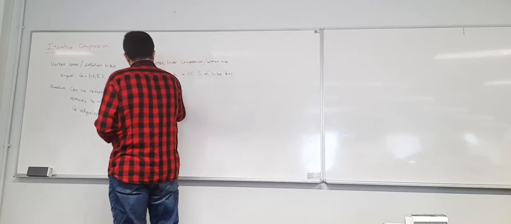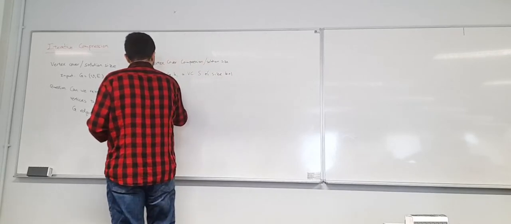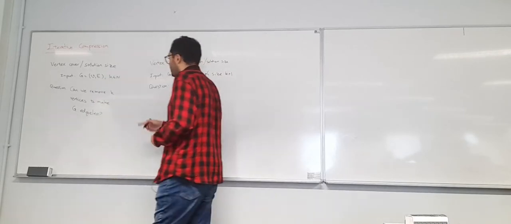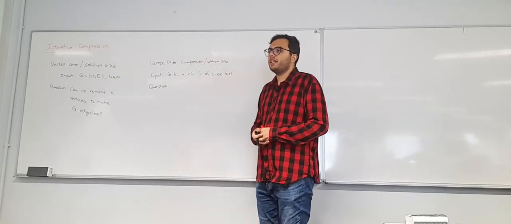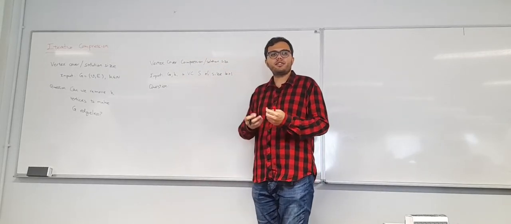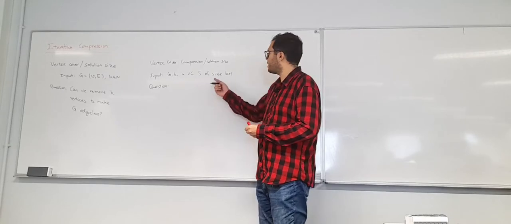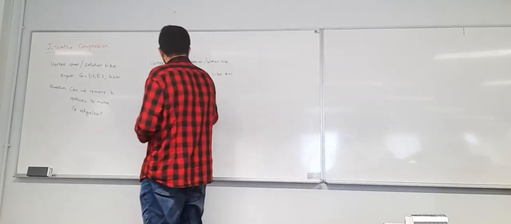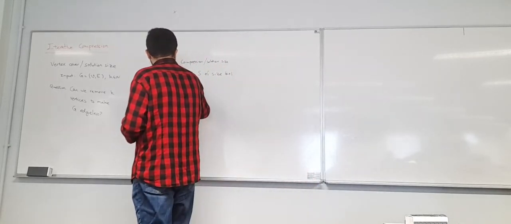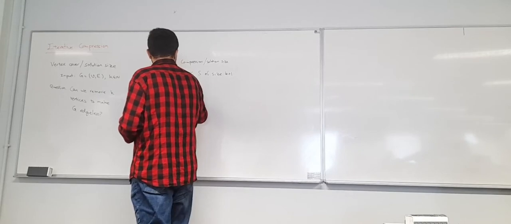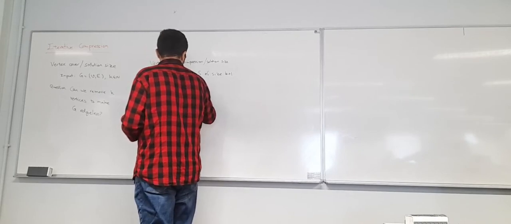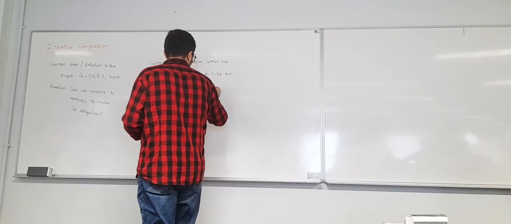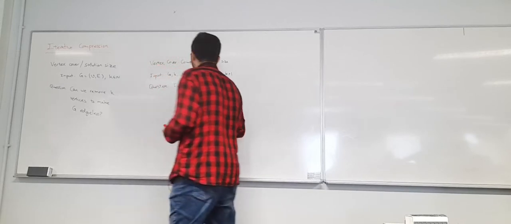And the question I have to answer is the same. Is there a vertex cover of size K? Can I find a vertex cover that is one vertex smaller than the thing that I'm given? So my question is just, is there a K vertex cover, a vertex cover with K vertices.